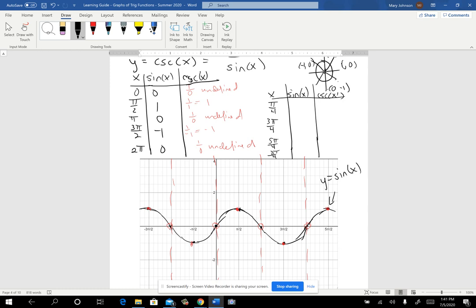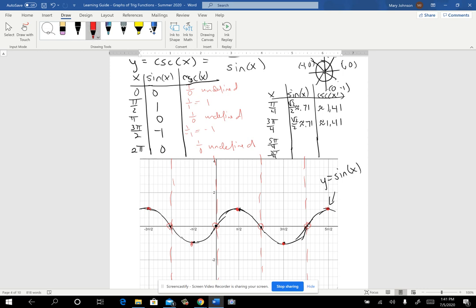I'm just going to do the decimal for it since I'm trying to graph. So this right here would be square root of 2 over 2, which equals about 0.71. And if I did the cosecant, it would be 1 divided by 0.71, so it winds up being about 1.41. 3 pi over 4 is also square root of 2 over 2, so that's also 0.71, and that would also be 1.41.